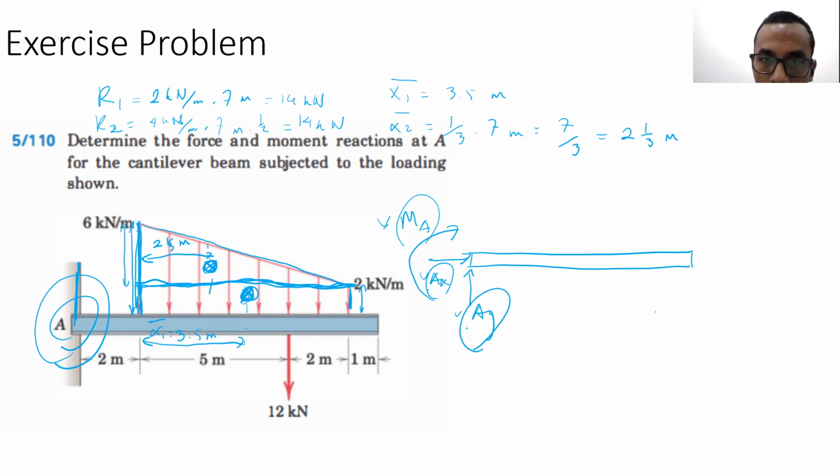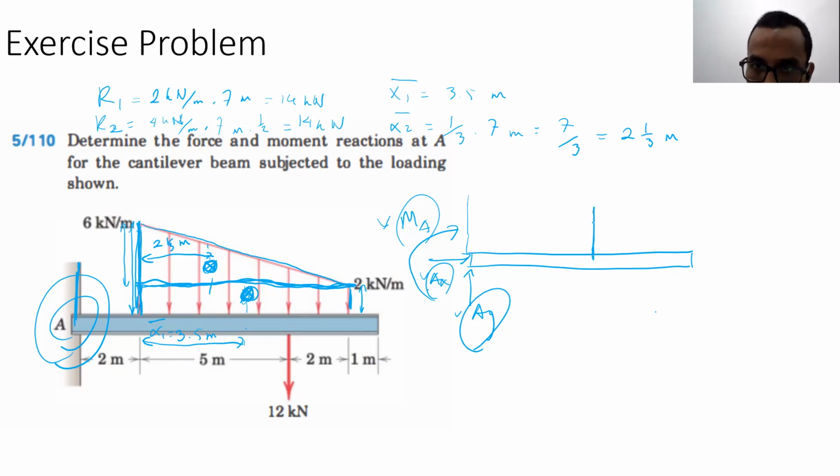We draw our external forces, the R1, R2, and the 12 kilonewton. R1 from the left edge, what is the distance? It should be 5.5 meters, around here.